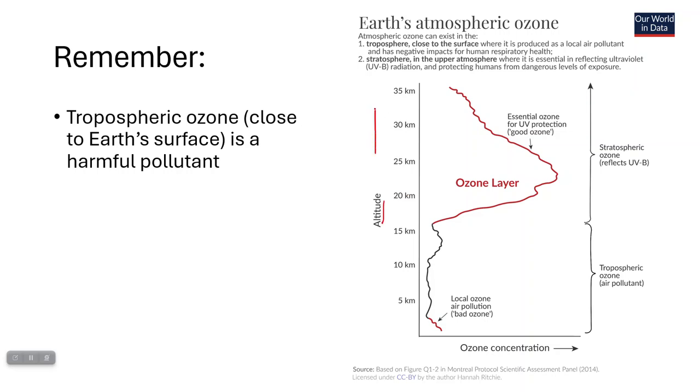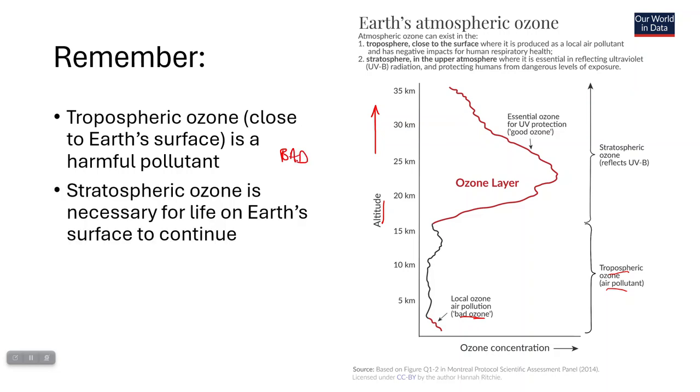As you go higher on the y-axis, you're going to be higher above the earth's surface. Notice closest to the earth's surface in the troposphere, the ozone that's there is an air pollutant. It is a local air pollutant and it is bad ozone. So remember, in the troposphere, ozone is bad.